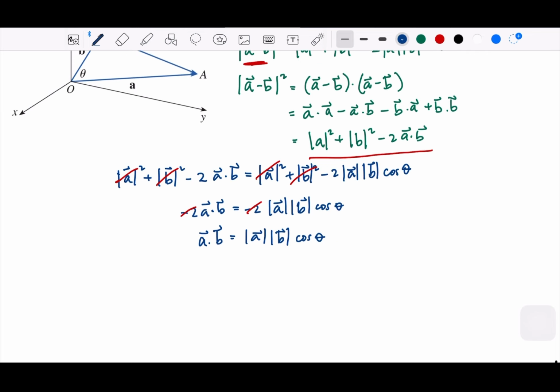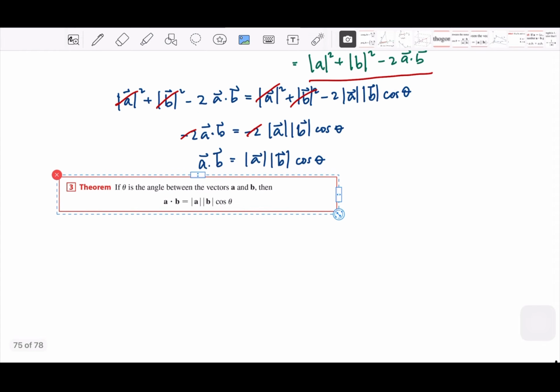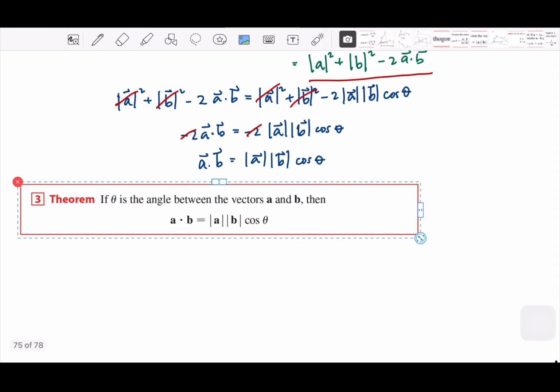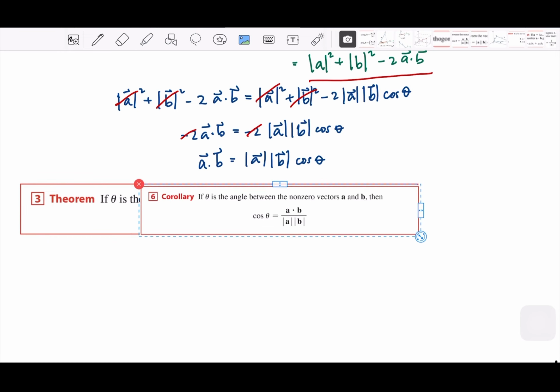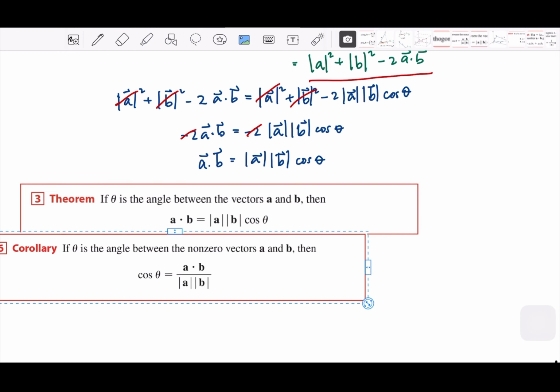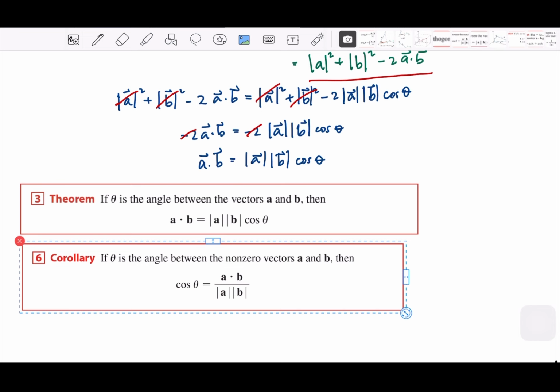Okay, so we can simply say from the dot product here, if we have this angle theta between the vectors a and b, then we can rewrite a dot b as the magnitude a, magnitude b, cosine theta. And also we can write cos theta is a dot b divided by magnitude a, magnitude b.